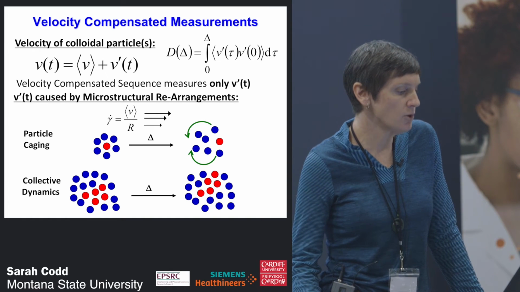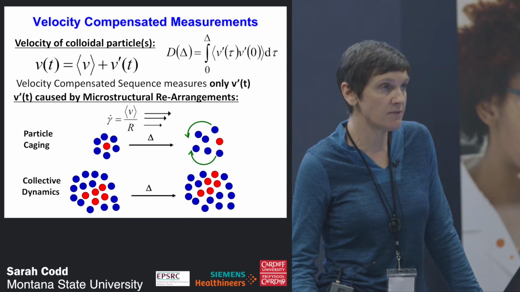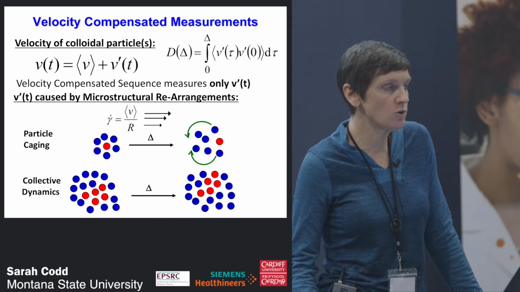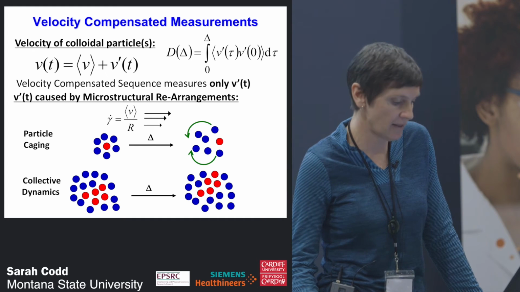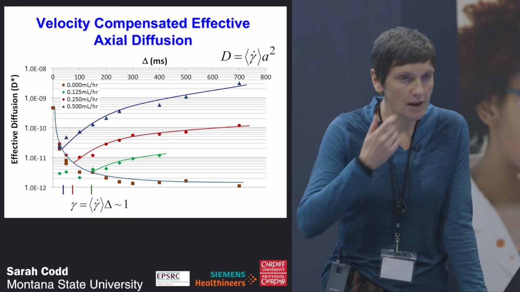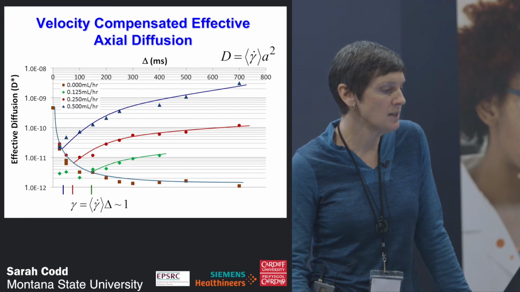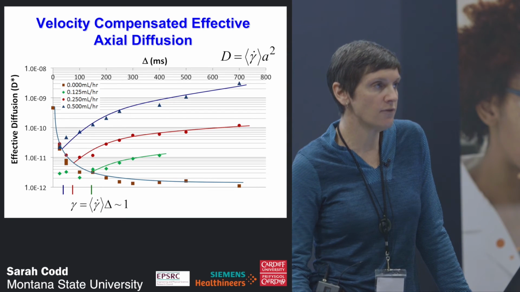The idea is that molecules can get trapped within cages and that there can be collective dynamics going on, and that at some point in time a molecule will essentially escape its cage and move out into other parts of the flow. Here we have measured the effect of diffusion over a wide range of times, and we've done that for a variety of flow rates.